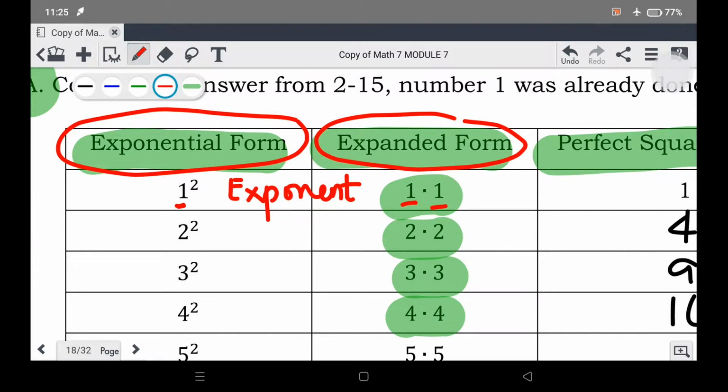The next example, you have 2 with an exponent of 2 because this number 2 is repeated twice. So we still have this exponent of 2. If the number is repeated thrice, say for example 2 times 2 times 2, that will become 2 with an exponent of 3.